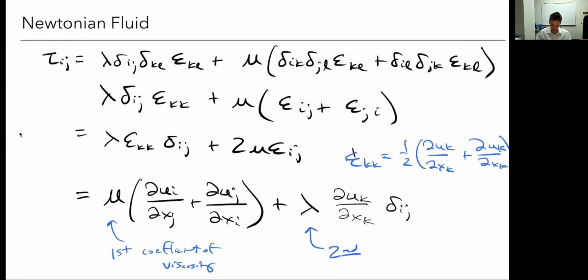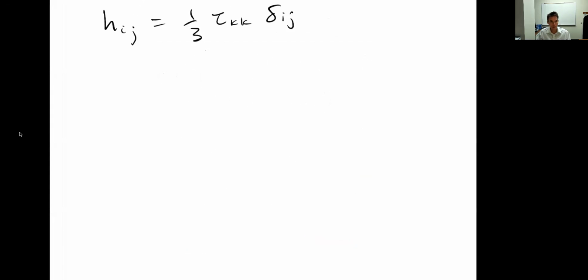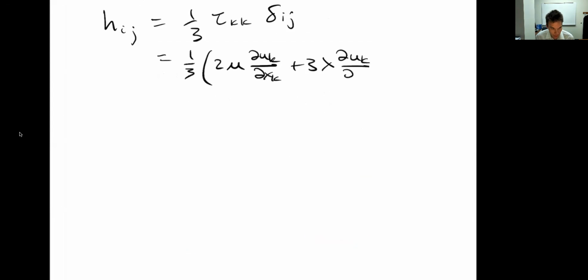If I go back and look at what tau is, it's this thing. So if I do the tau kk and sum it, I'm going to do it quickly here. What I get is 2 times mu times duk dxk plus 3 times lambda times duk dxk delta ij.